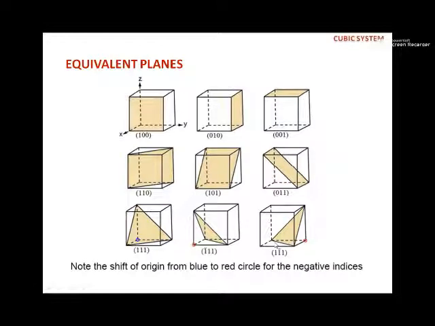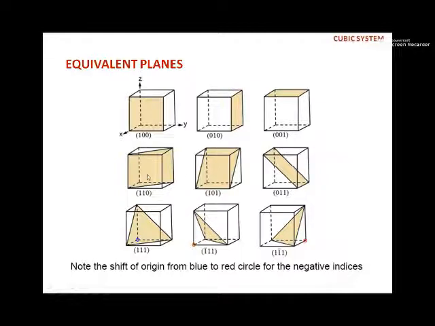Right? Now these are some equivalent planes or families of planes in the crystal system. This 1 0 0, 0 1 0, 0 0 1, these 3 are the family of planes. Again, 1 1 0, 1 0 1, 0 1 1, and obviously there are negative signs. That means 1 1 bar 0, or 1 bar 1 bar 0, or 1 bar 0 1, or 1 0 1 bar, and 0 1 bar 1, 0 1 bar 1 bar, even 0 1 1 bar.